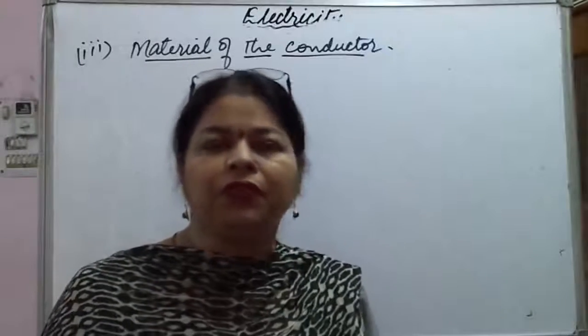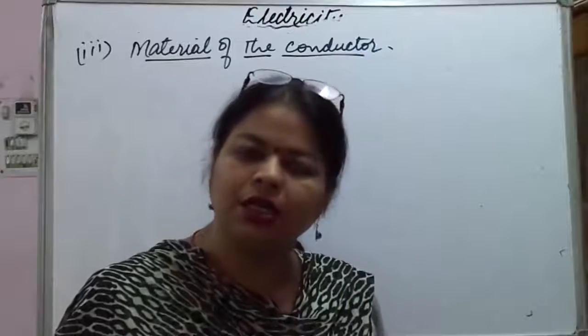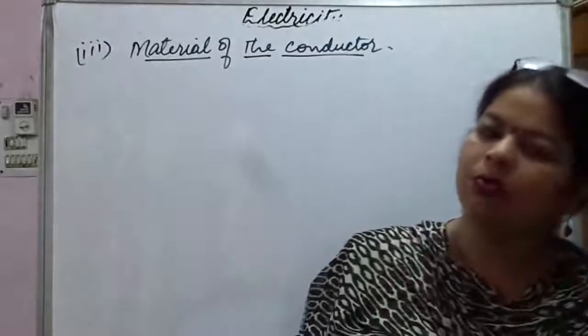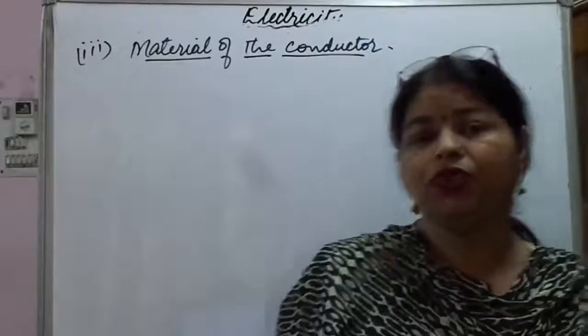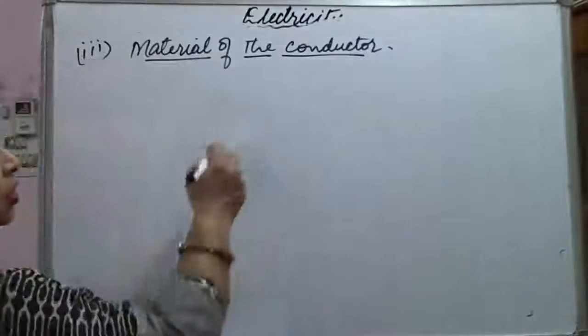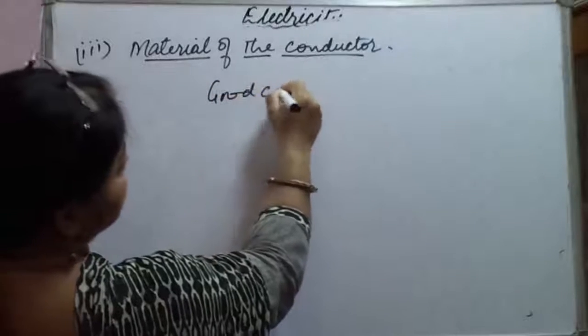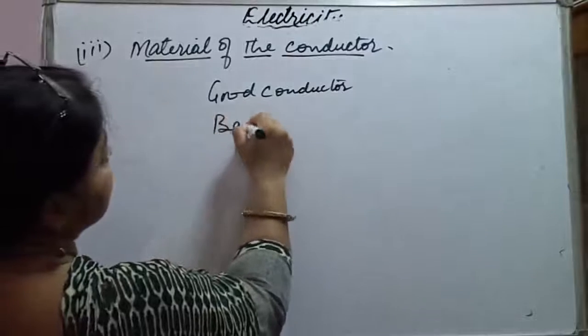First of all, what do we mean by a conductor? A conductor is a substance which allows electricity to pass through it. On this basis, we have two types of conductor: good conductor and bad conductor.